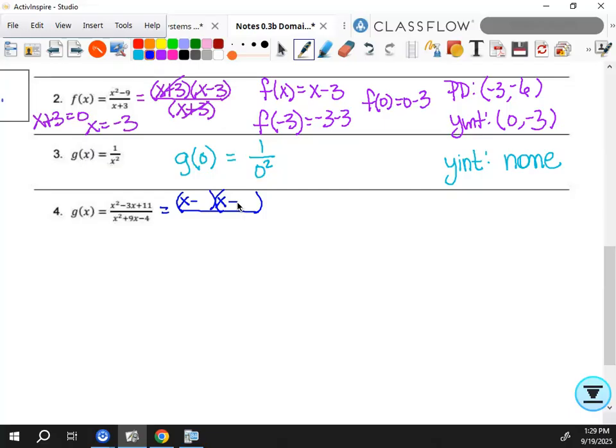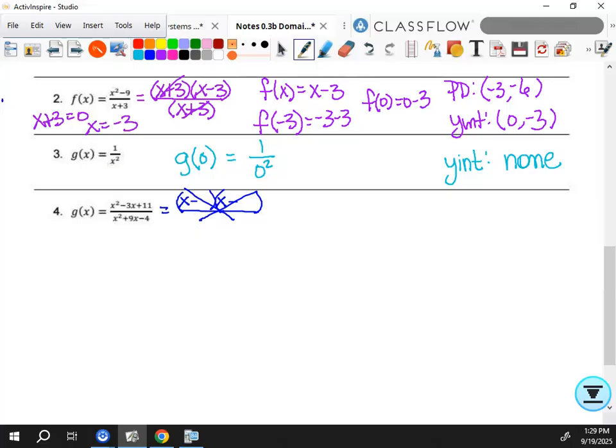There's nothing, right? So I can't factor it. If I can't factor the numerator, do I even care right now if I can factor the denominator? No, because if I can't factor the numerator, I'm not going to be able to cancel anything out. I would need to try to factor the denominator to look for vertical asymptotes, but nobody's asking me for that here. So I can just forget that.